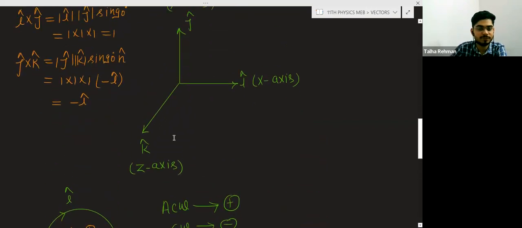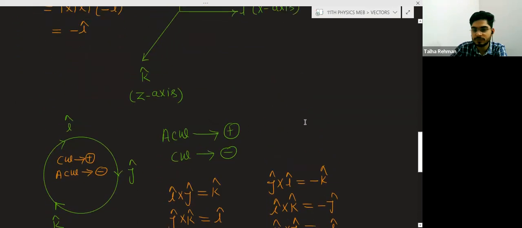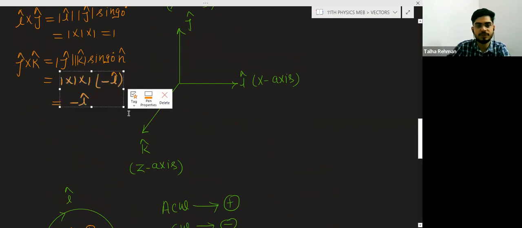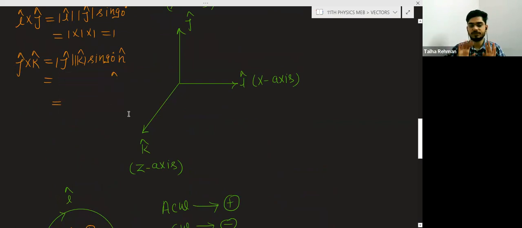Oh, sorry, what am I doing. We have to find J cross K. Just a minute. Okay, J cross K. Actually, we have decided this direction as positive direction of the x-axis, and this direction as negative direction of the x-axis.